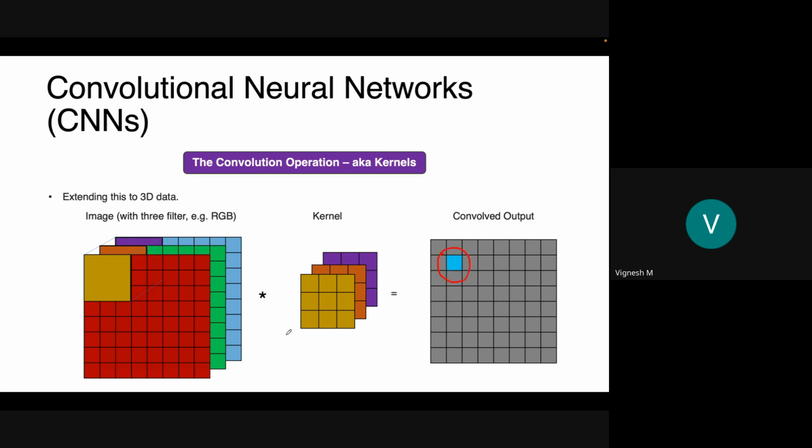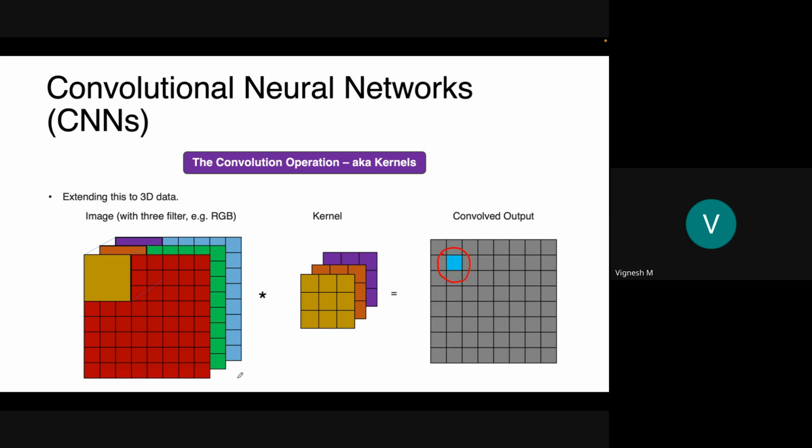At the end of the day, what this kernel does is some sort of a weighted average on all these three different channels. So single output means it will reduce in one dimensionality, from three-dimensional to two-dimensional. Look at this, this relationship you need to understand.